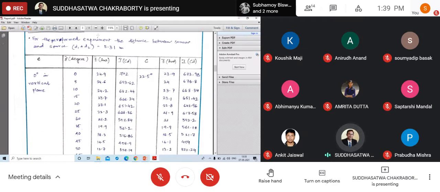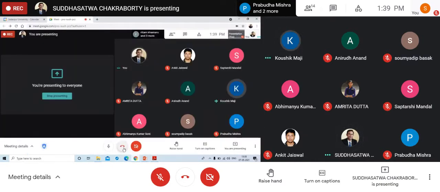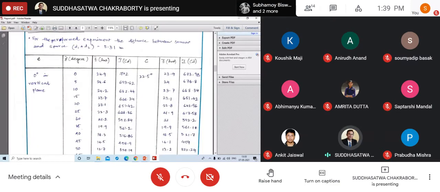Can anybody tell me, I am measuring the lux, but I am supposed to get the intensity. How can I do that? Anyone? So distance will be 1 meter. Yeah, but here the distance is not 1 meter. Here it should be distance square, but here I have told you about the obstacle distance.